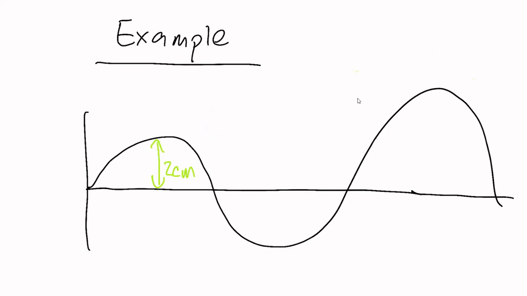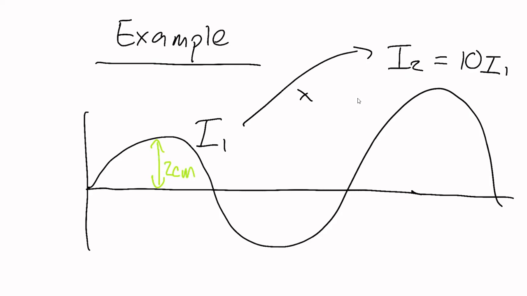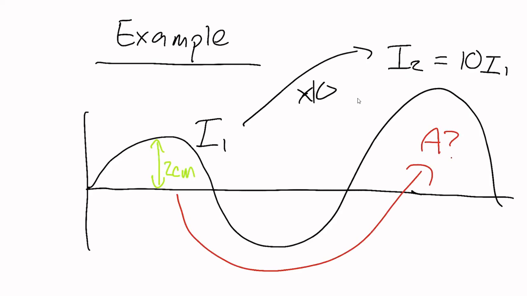The green doesn't show up well on the videos, I realized. So the first intensity is I1, and the second intensity, I2, is equal to 10 I1. In other words, I've increased the intensity by 10. And then the question will ask you something like this: what is the amplitude on this side? Now, does it seem simple at first until you think about it?